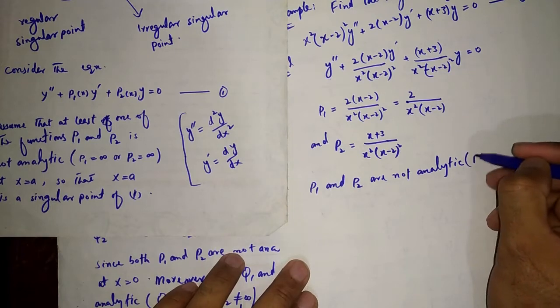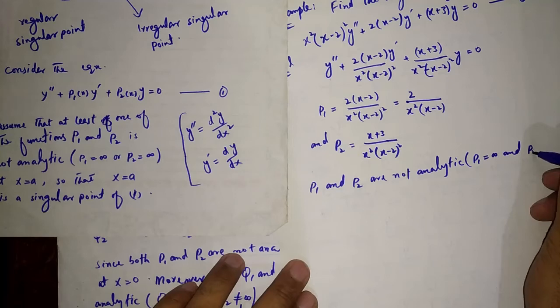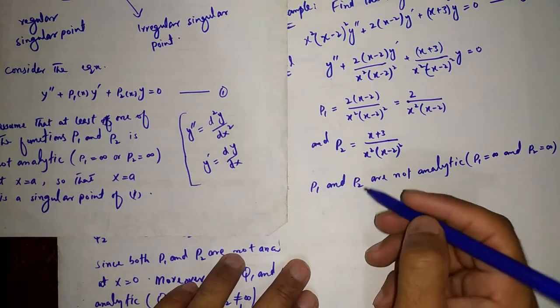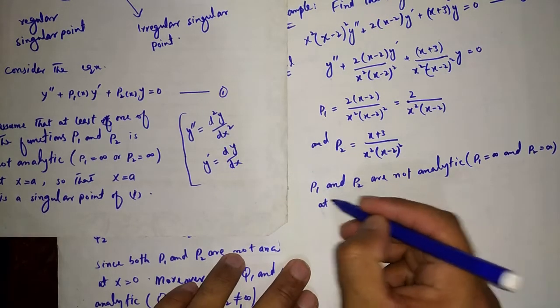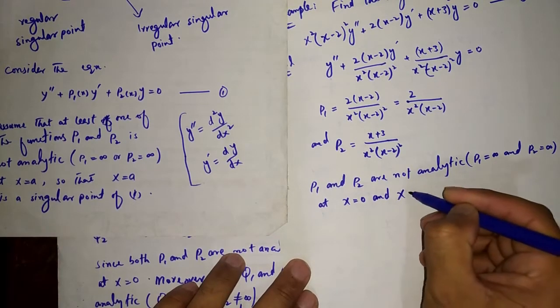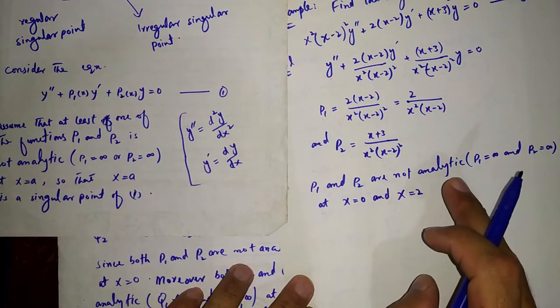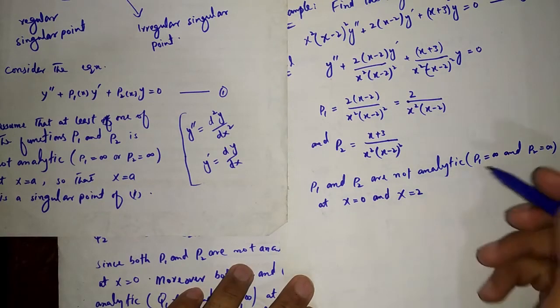This means that p1 goes to infinity and p2 goes to infinity at x equals 0 and x equals 2. So these two points are singular points.